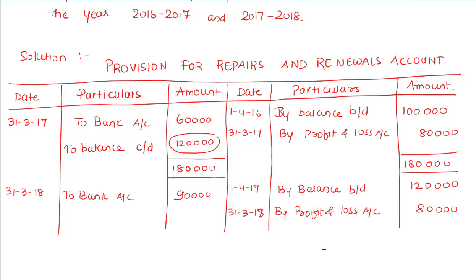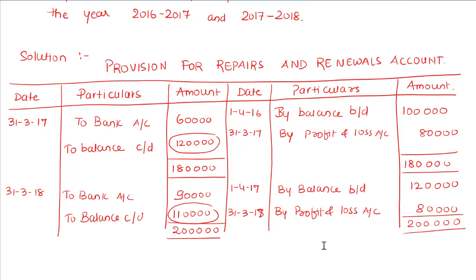Let us close it. 120 and 80, it's 2 lakhs. 2 lakhs minus 90,000, 1 lakh 10,000. To balance carried down 1 lakh 10,000. I believe you understood how to make the provision for repairs and renewals account.